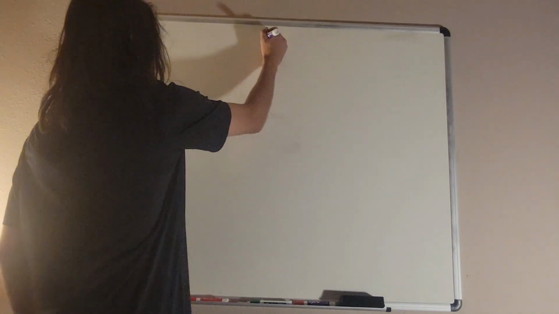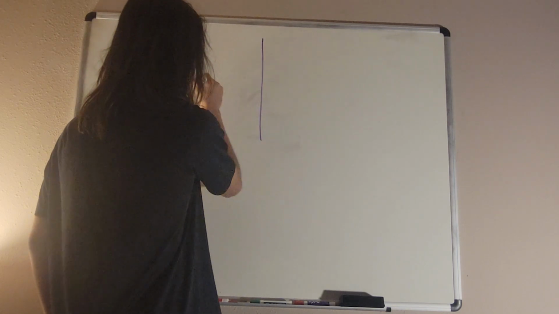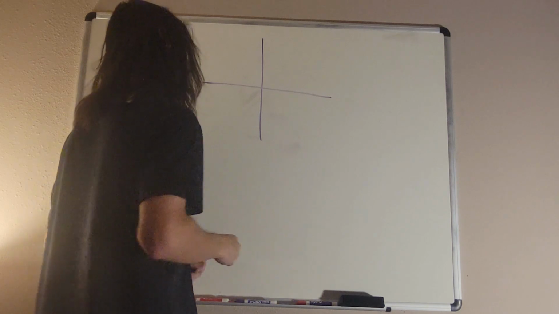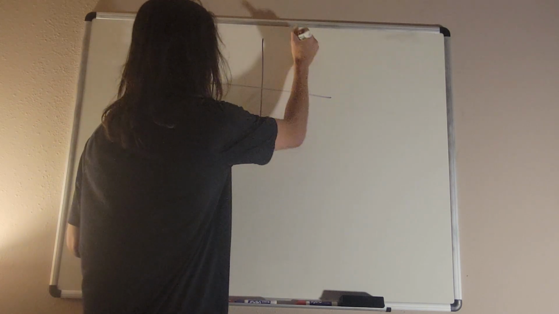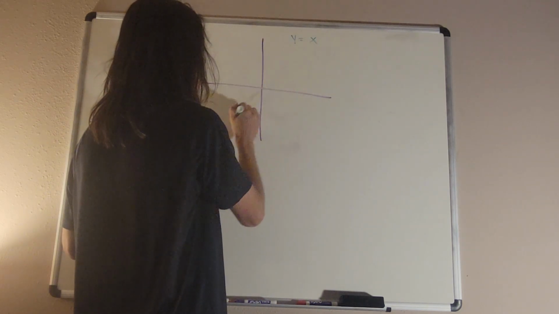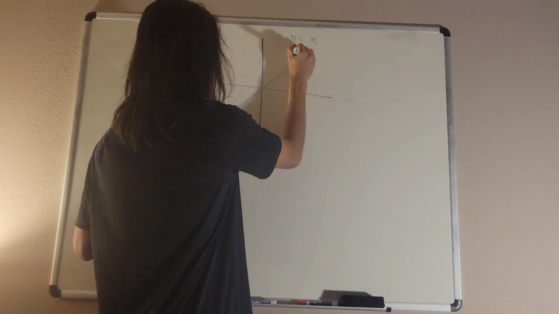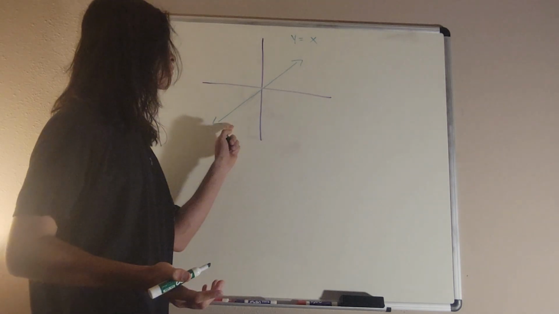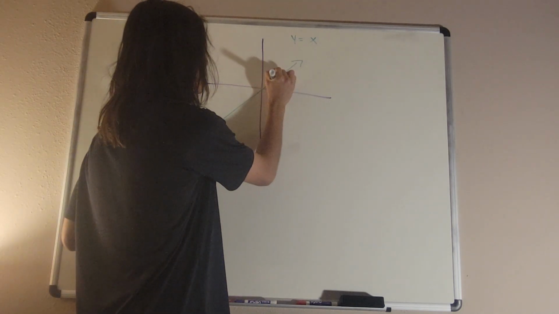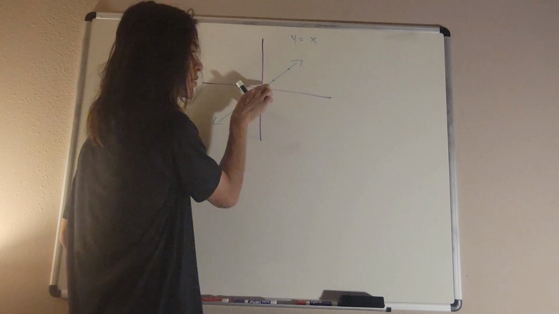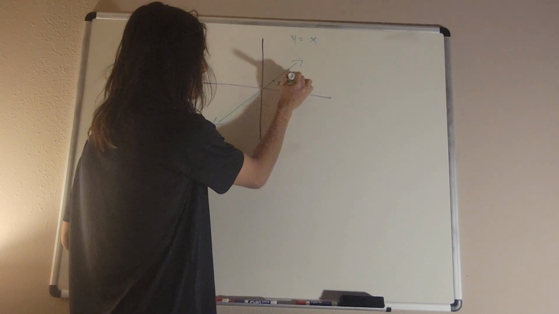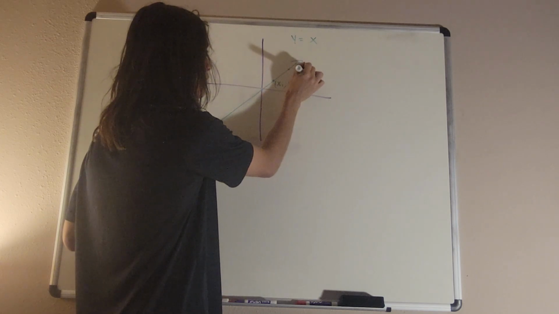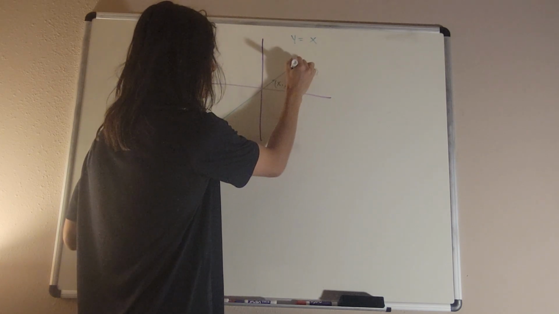first. So say I had a Cartesian coordinate plane and we had a function, we'll just say y equals x, and it goes directly through the origin. And we wanted to find the slope of this function, so we could pick 2 points. We'll call this point here x sub 1, y sub 1, and this point here x sub 2, y sub 2.